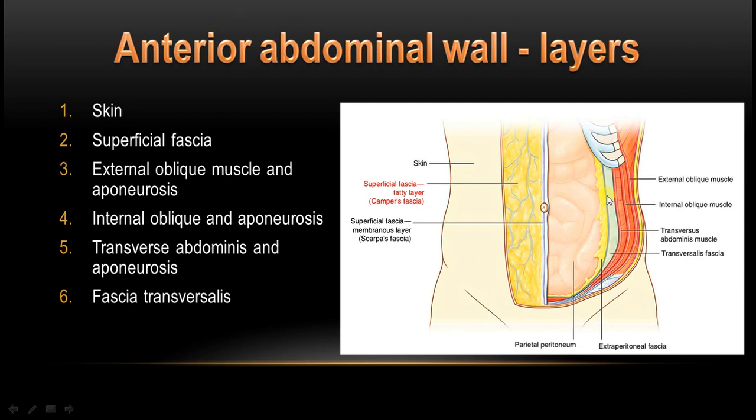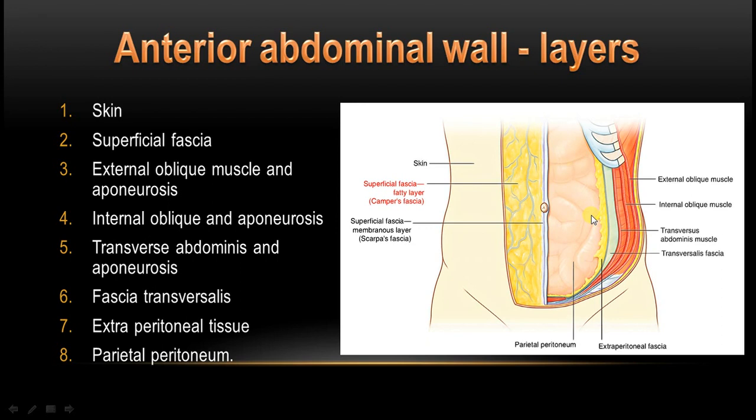Then deep to the fascia transversalis you see the extraperitoneal tissue and then the parietal peritoneum. So these 8 structures form the anterior abdominal wall layers.